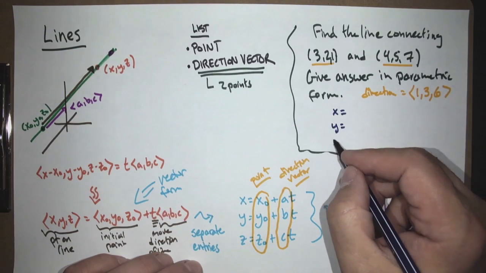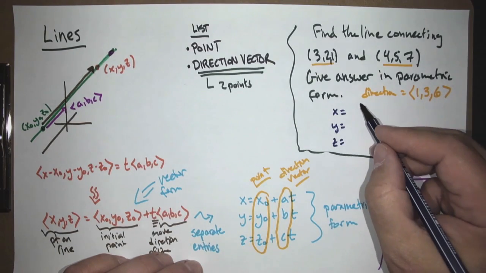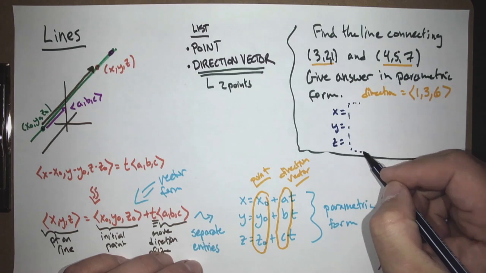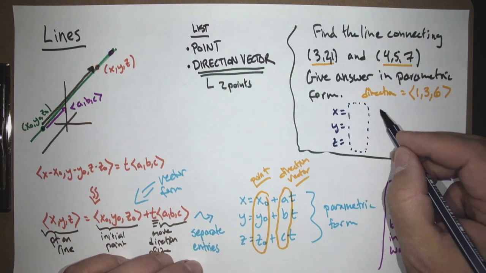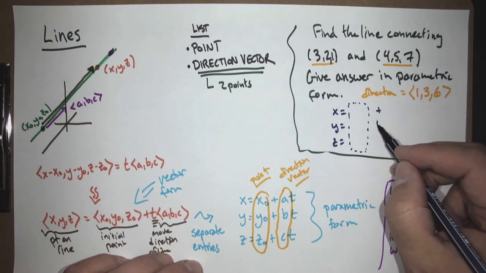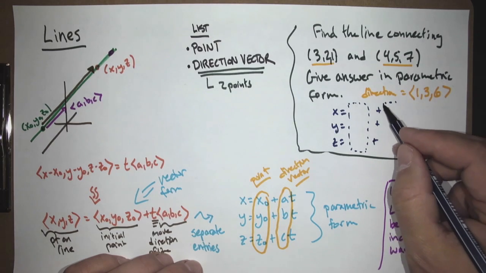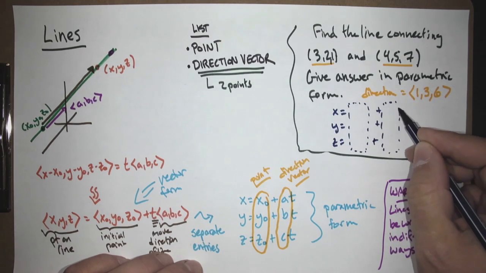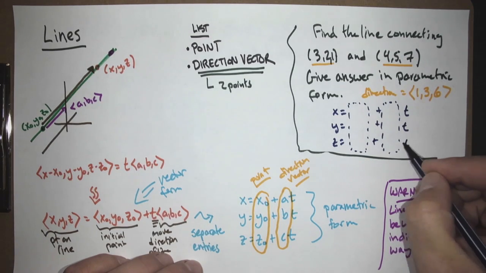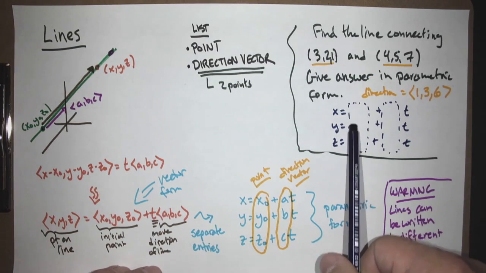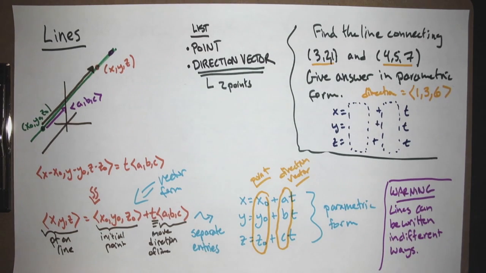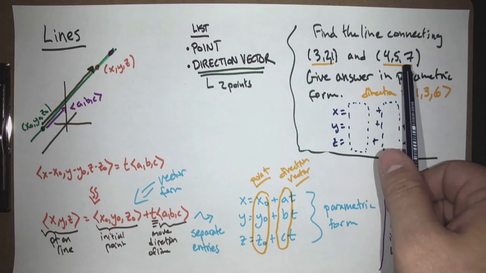But they told us in parametric form, so we say, great, that makes it easy. We write down x equals, y equals, z equals, and we have 2 places to fill numbers in, and we just remember what goes where. What goes into our first column? A starting point. Which one do we use?